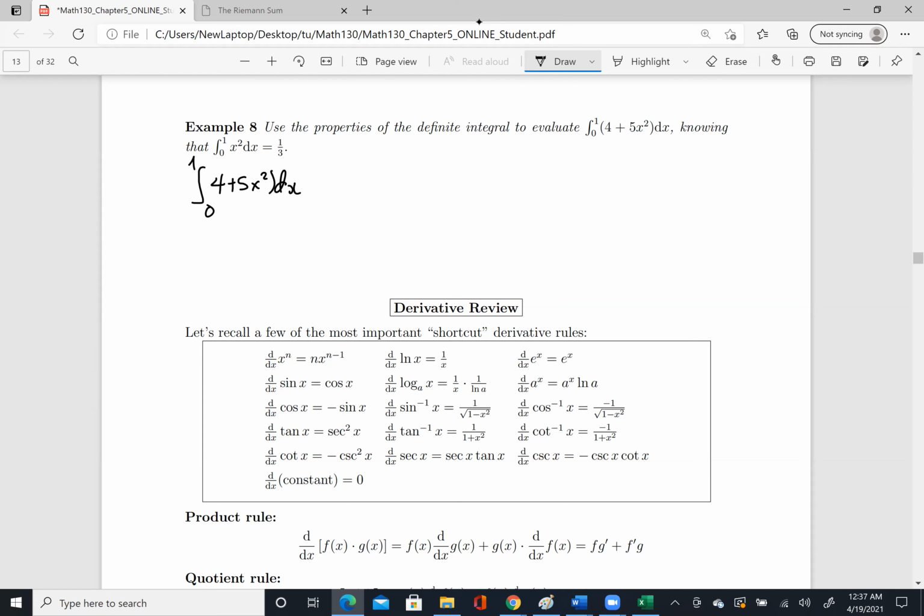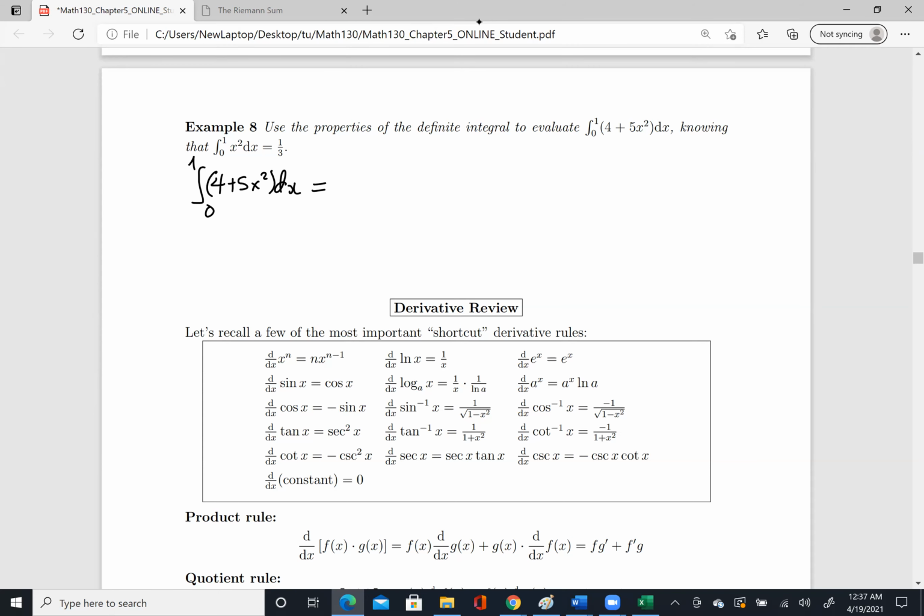I need the parentheses, and then I can split it into the addition of two integrals. One is the integral from 0 to 1 of 4 dx, plus the integral from 0 to 1 of 5x squared dx.